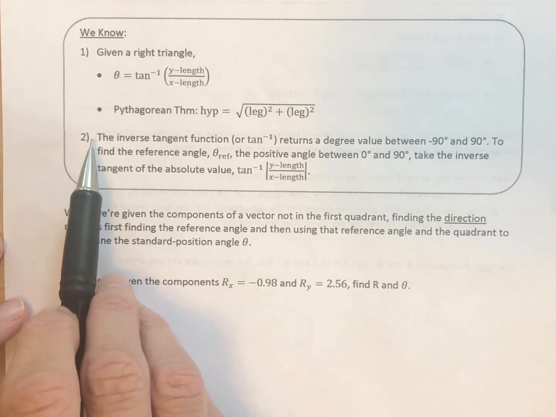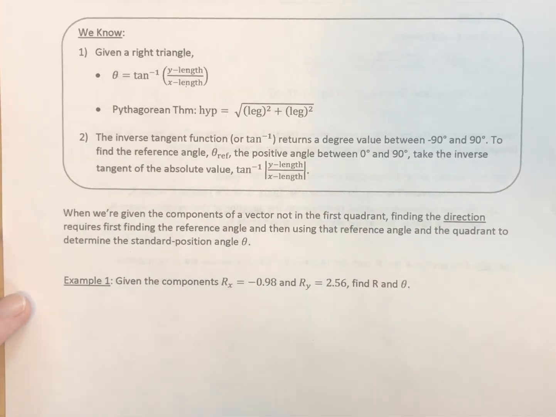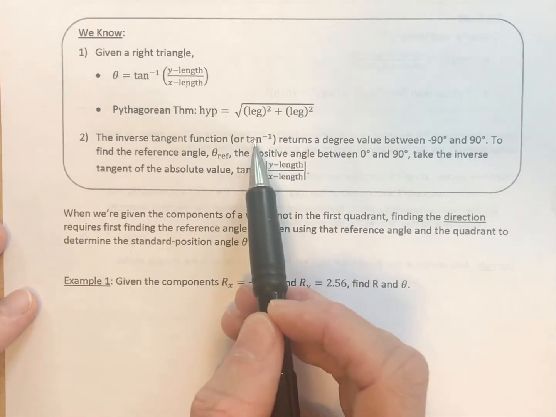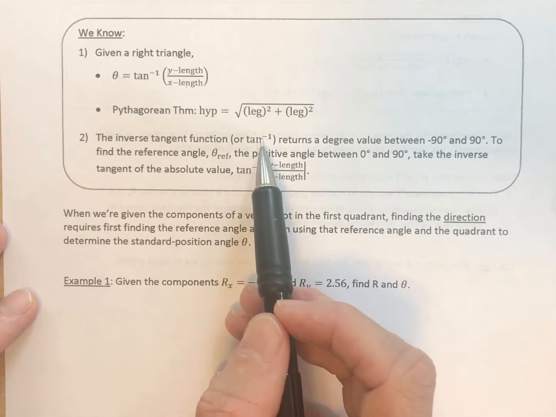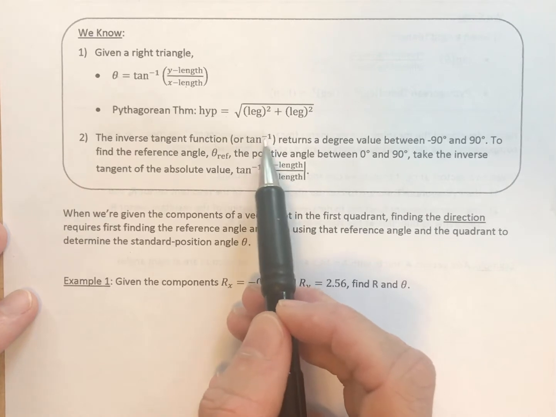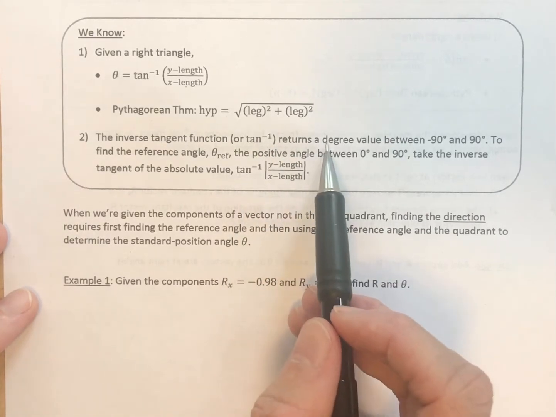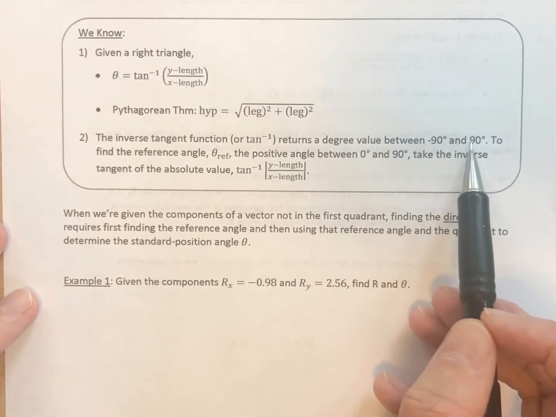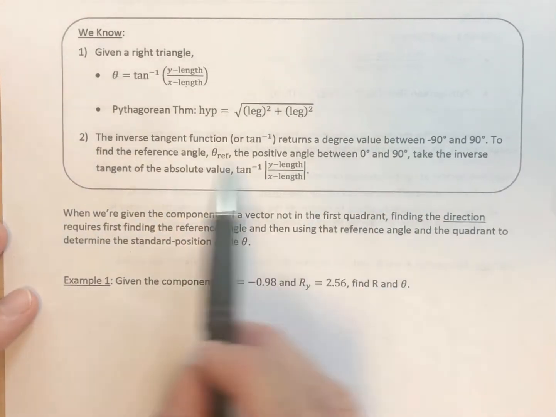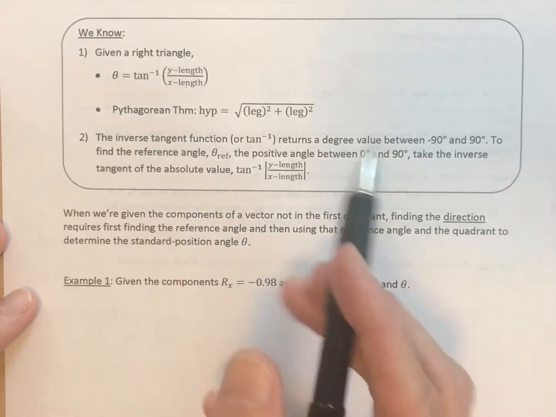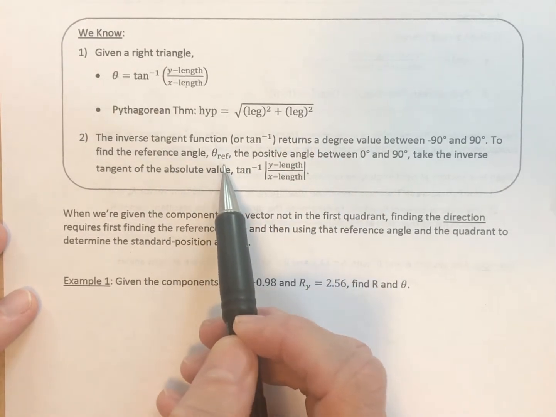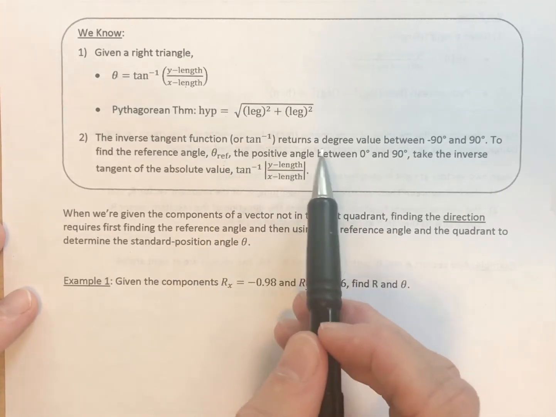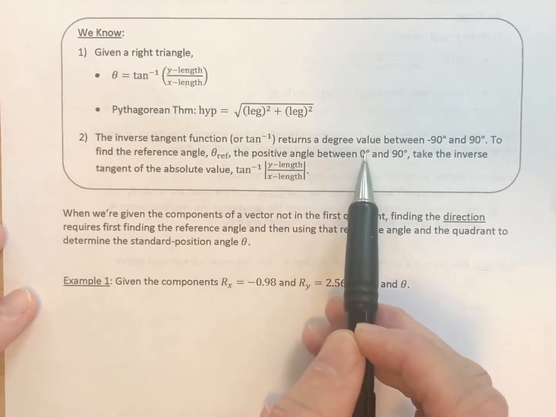So that's one of the things we know. And the second thing we know, going back into some of our trig knowledge, is that the inverse tangent function, which is indicated usually on a calculator or in writing with a tan with a little -1 as an exponent, returns a degree value between -90 degrees and 90 degrees. To find the reference angle, which we'll call theta sub ref, the reference angle is the positive angle between 0 and 90 degrees.